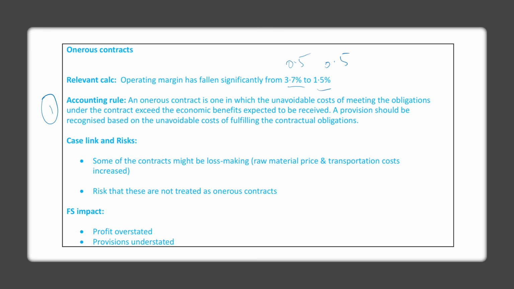The risk is that because of the increase in the cost, some of the contracts could be loss-making, and they might not have recognized this as a provision or as an onerous contract. And because of that, your profit is going to be overstated and liabilities understated. So it's not a significant risk, mainly because I don't have a number yet, but this is something that could get me easy marks in the exam.